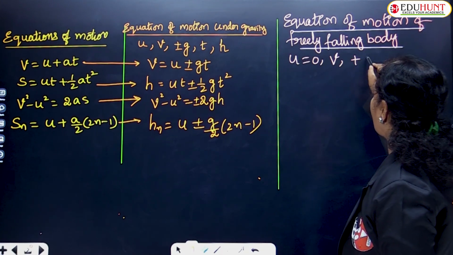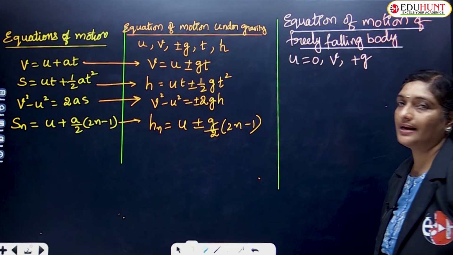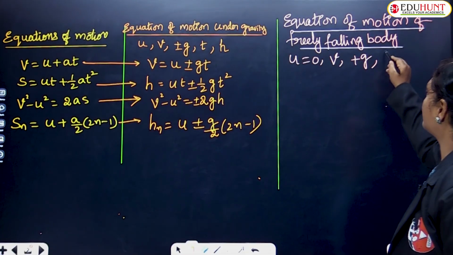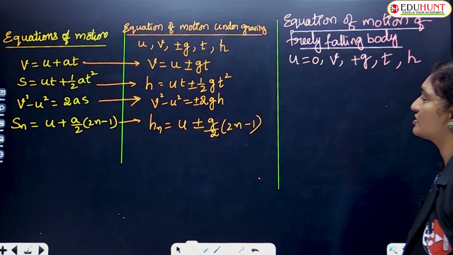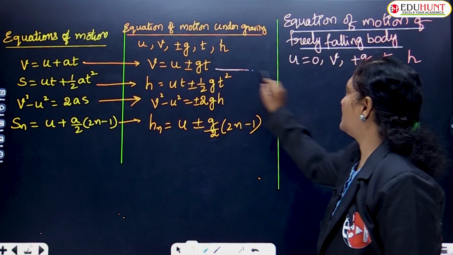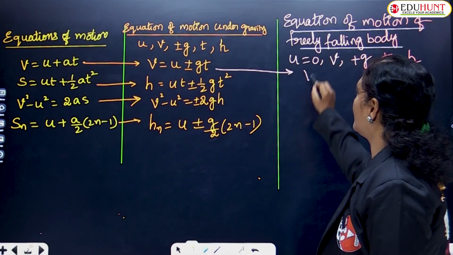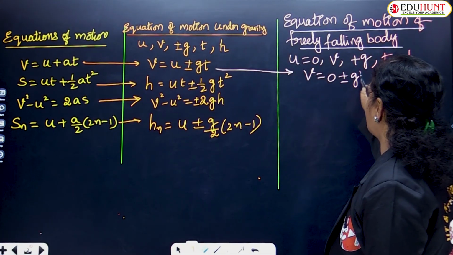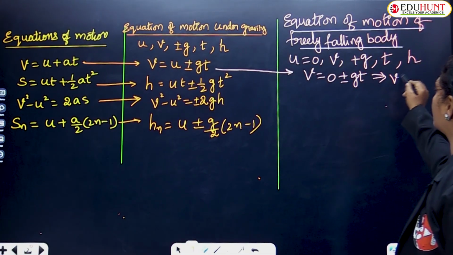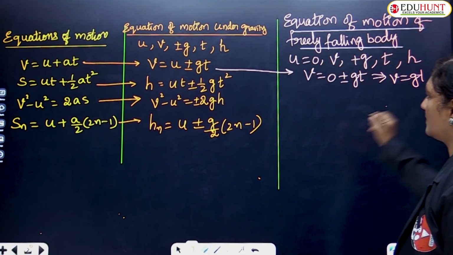So you are asked to find the separation between the two bodies. The first body would have covered a certain distance, and the second body would have travelled a certain distance. There must be some gap between them after 2 seconds. You are asked to find that gap, that distance between the two bodies.